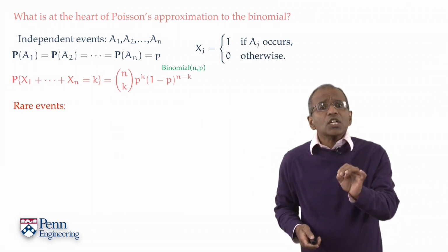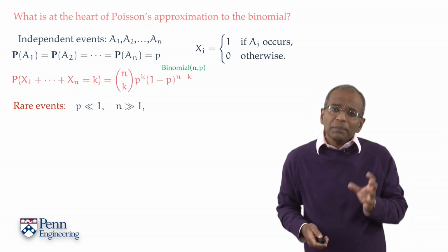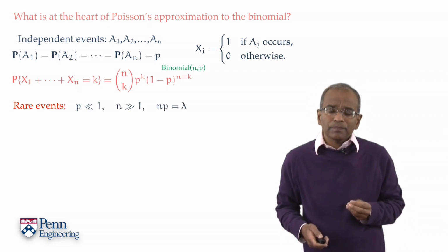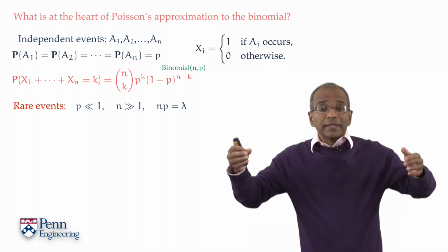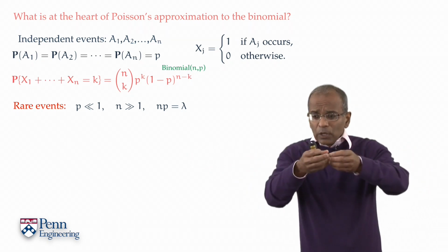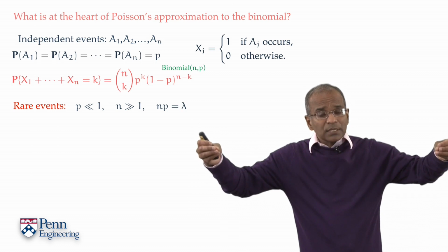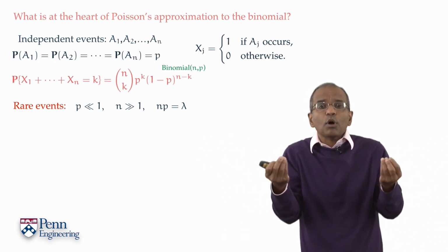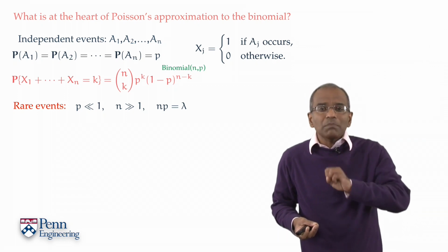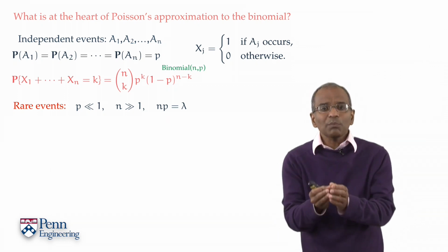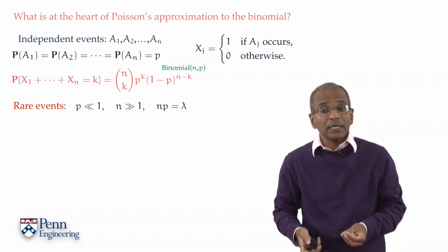It means the chance of occurrence of any one of them, p, is small. We're going to look in an asymptotic regime where n, the number of events, is quite large. So we have a lot of bad events, each with a small probability of occurrence, and the expected number of the events that occur is a moderate number, n times p, that we call lambda.